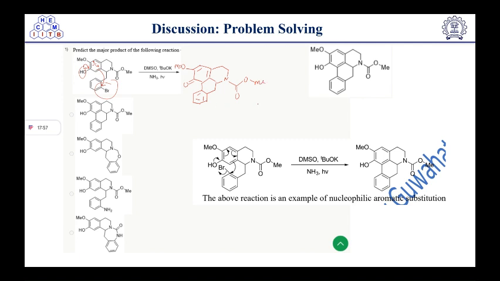Now aromatization will take place because aromatic rings are more stable, to give the corresponding product. Okay, so what is the correct answer? A 6-member ring formation will take place, this is A. So this is the nucleophilic aromatic substitution reaction.